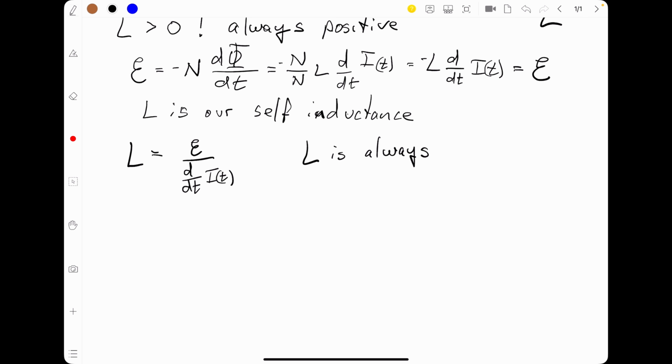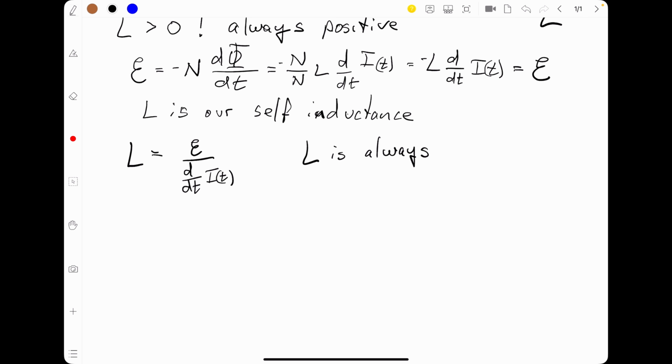Friction. This is a frictional thing, by the way. Friction happens. Entropy happens. All right, so L is always positive.